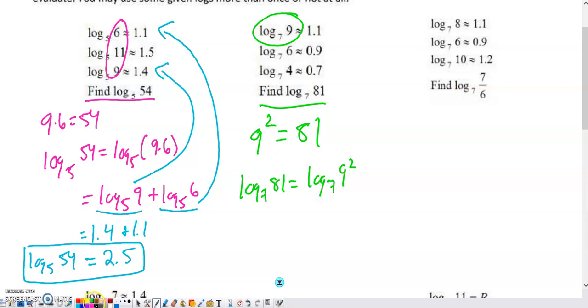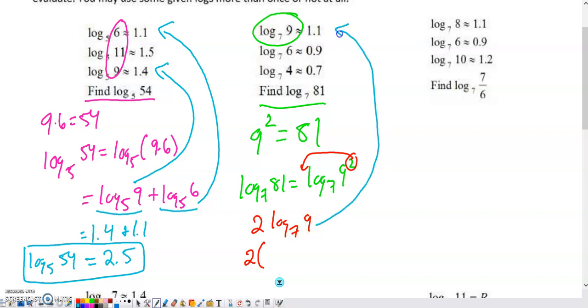Based on the power property, we can bring that down in front and make 2 log base 7 of 9. Log base 7 of 9 is 1.1. 2 times 1.1 is 2.2, which is equal to log base 7 of 81.